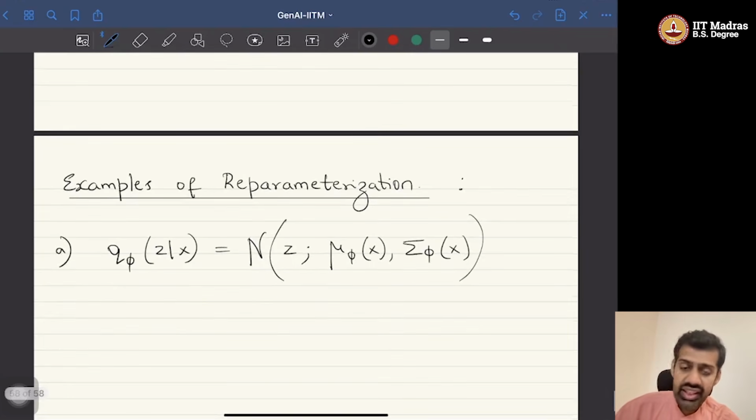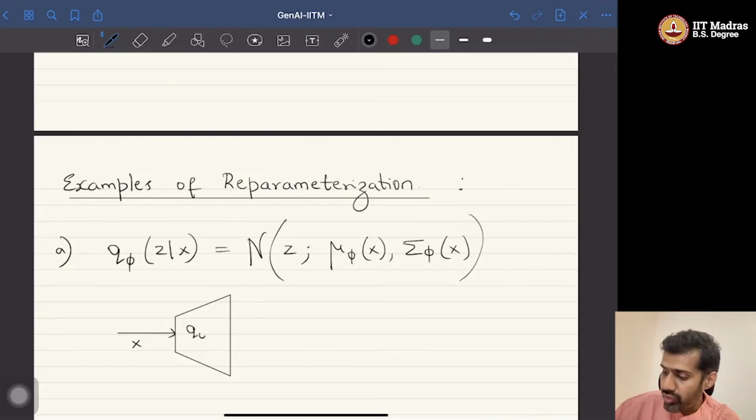Why did I write mu phi of x and sigma phi of x? Recall that in a VAE you have the encoder network. The encoder network is giving you the parameters of the distribution q phi. The encoder takes as input the sample x, and this is the q phi network, and now you are getting the parameters of this distribution.